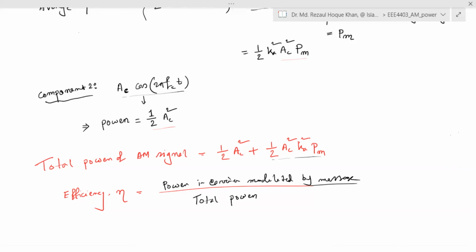Actually this portion, because the first portion does not contain any message.